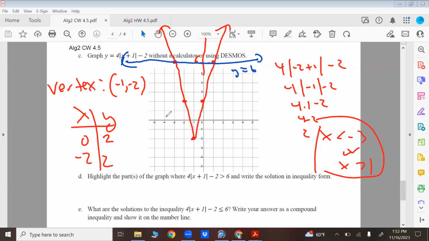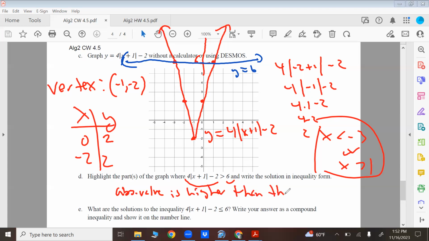Here is y equals 4 absolute value of x plus 1 minus 2. So the question is, highlight the parts of the graph where this is bigger than 6. So where the absolute value is higher than the horizontal line. So we'll just plug in 6. Oh wait, it's already plugged in.